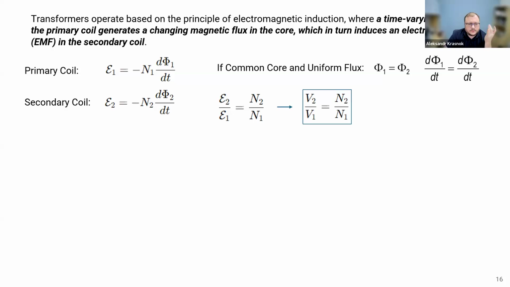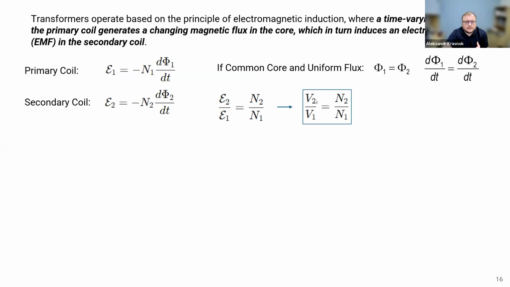This is for electromotive force. Of course, in the case of a perfect transformer, if the resistance of these windings is neglected, we can write the same equation not through EMF but through voltages.